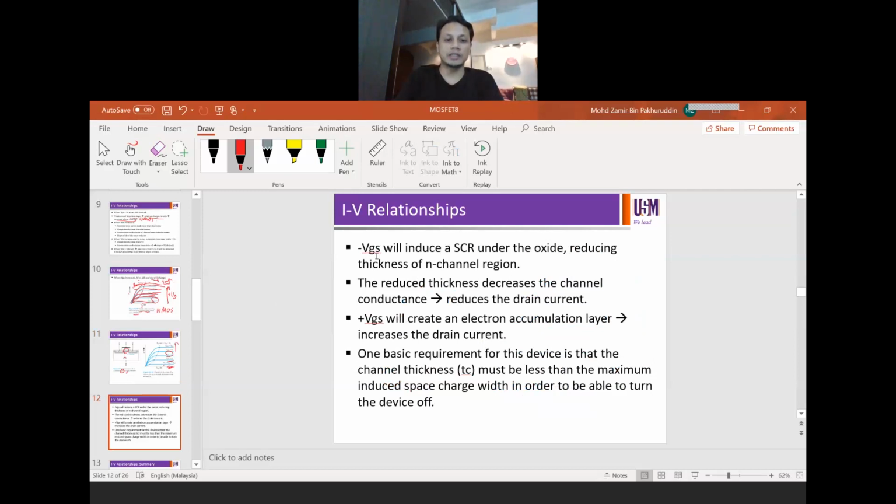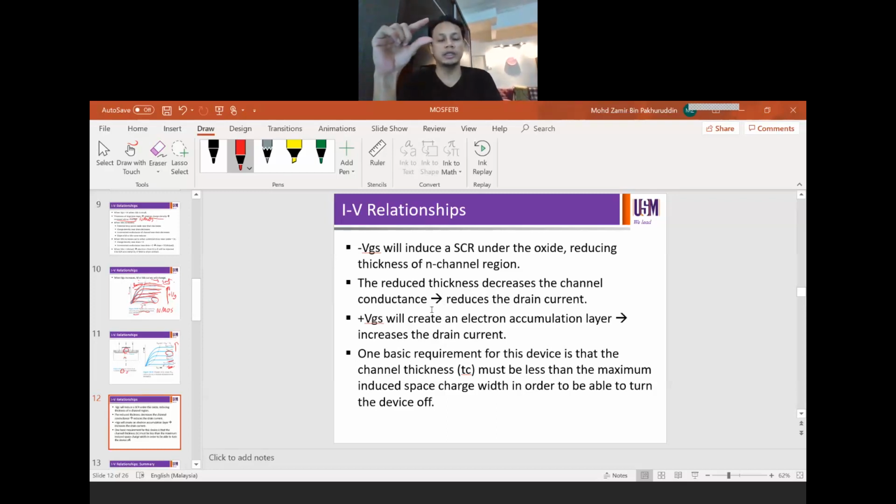Negative VGS will induce a space charge region under the oxide, reducing channel thickness. This is for depletion. So negative VGS is required to induce the SCR under the oxide, reducing the thickness of the N channel region. The moment you apply negative VG, you reduce the channel thickness, and the reduced channel thickness reduces the channel conductance.